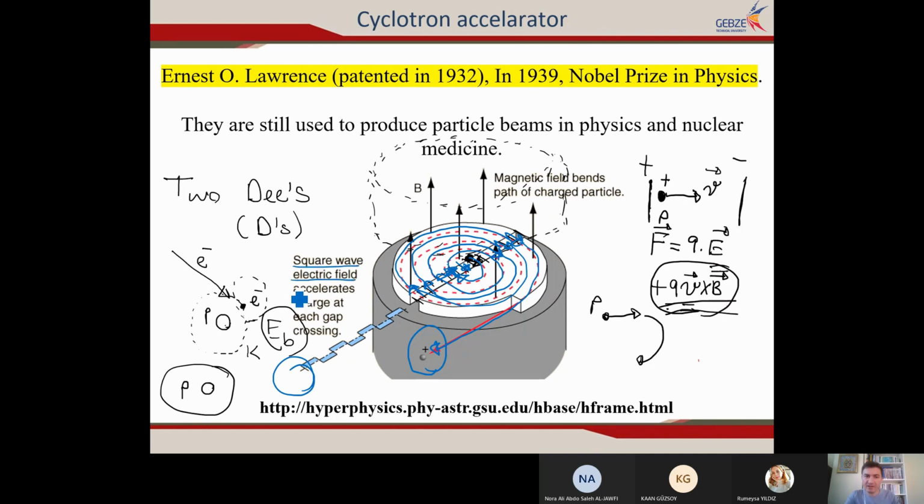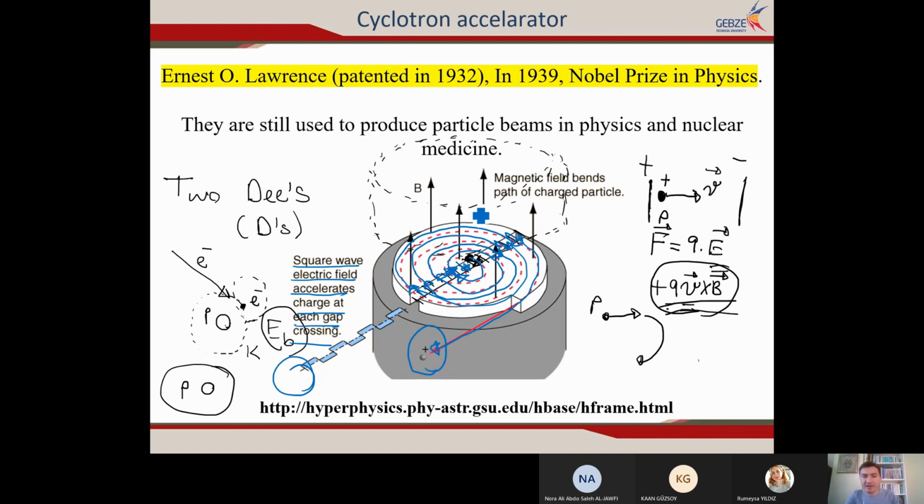The square wave electric field accelerates the charge at each gap crossing. Okay, but of course it must be adjusted very well. Otherwise, you can lose your velocity. You can lose the energies of the protons. So this is the main acceleration mechanism of the proton source in a cyclotron accelerator.